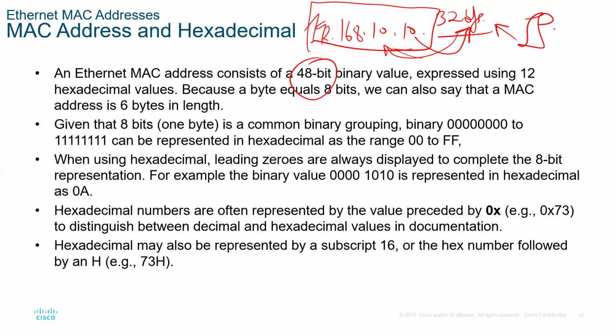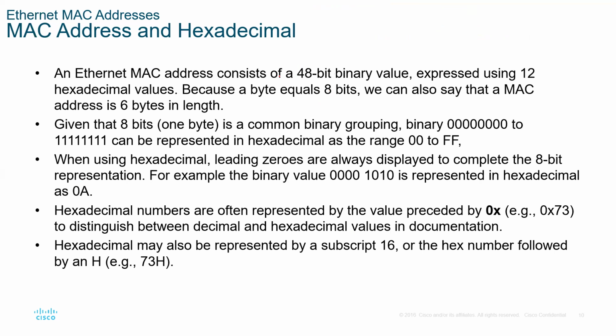Now with the hexadecimal, we have 48 bits which can be expressed as 12 hexadecimal values. Because a byte equals 8 bits, we can also say that a MAC address is 6 bytes in length. All right, 12 hexadecimal values.